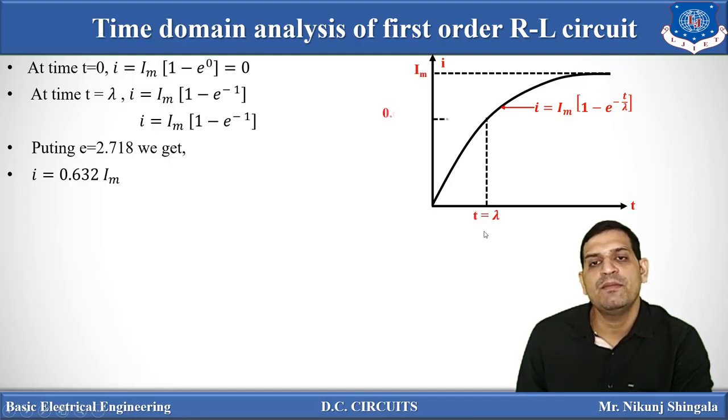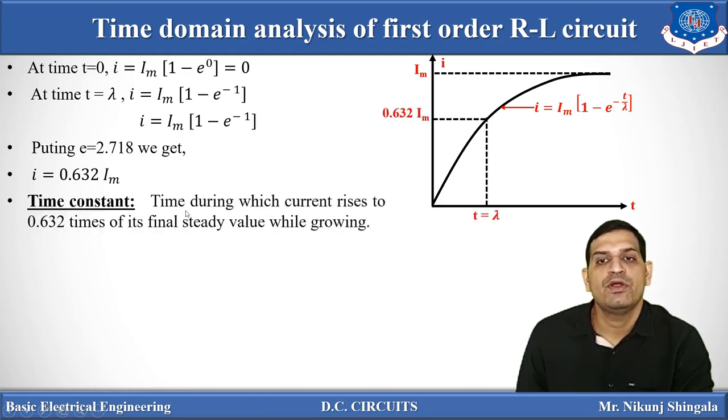At time t = λ, we get 0.632 Im, where Im is the maximum value of this graph. From this we can define the time constant as the time during which the inductor current rises to 0.632 times its final steady value during the growing process, or we can say the time during which the inductor current rises to 63.2% of its final steady value while growing.